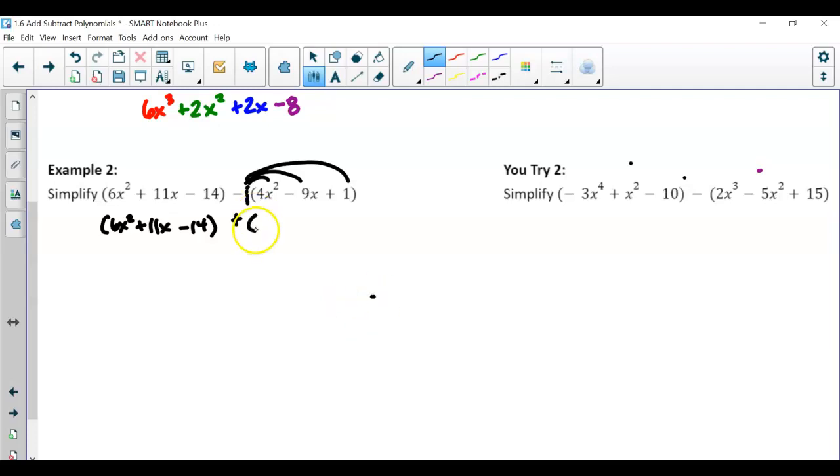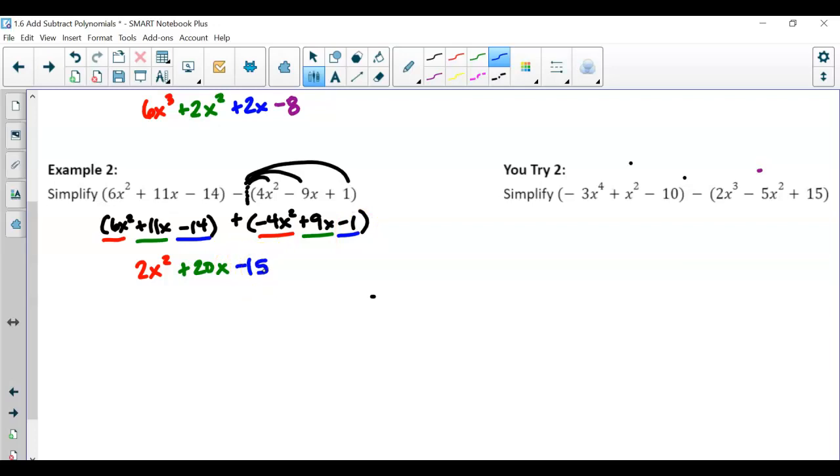So now here we're going to combine -4x squared plus 9x minus 1. Then go through and combine like terms. 6x squared minus 4x squared, which is 2x squared. Then here you have 11x plus 9x, which is now 20x. Then last here we have -14 minus 1, which is now -15.